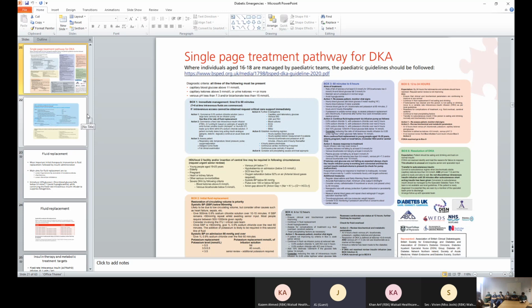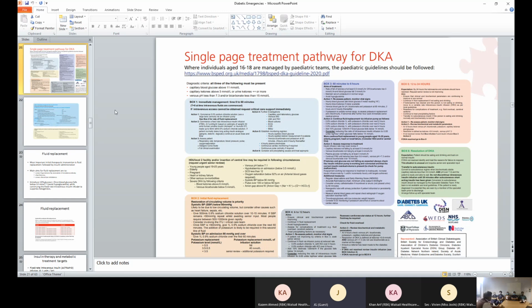In diabetic ketoacidosis, from what I have told you, what is the problem? If you understand the problem, then we can treat it accordingly. So what are the problems? Hyperglycemia, hypokalemia, ketosis.